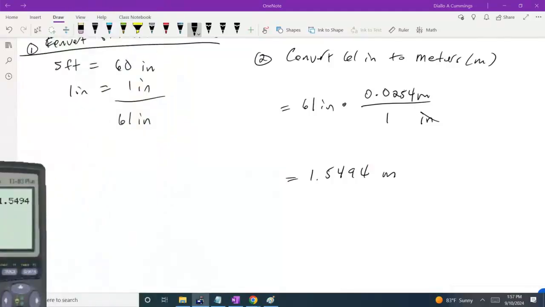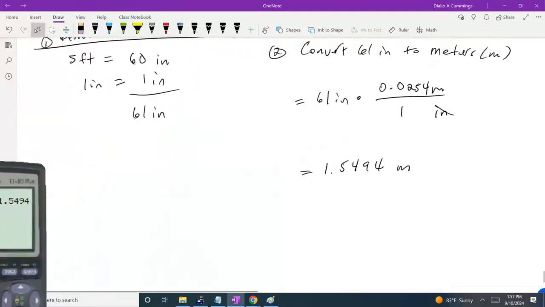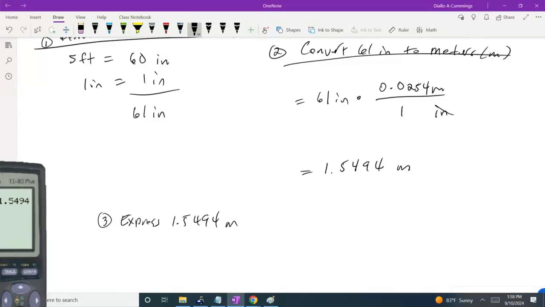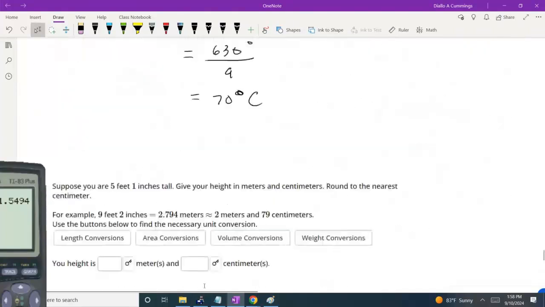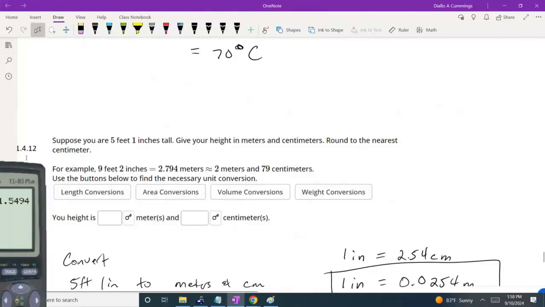We have to express 1.5494 meters in meters and centimeters. For my whole number, that's going to represent my meter, so this should be 1 meter. In the directions, I believe they tell us to round to the nearest centimeter.